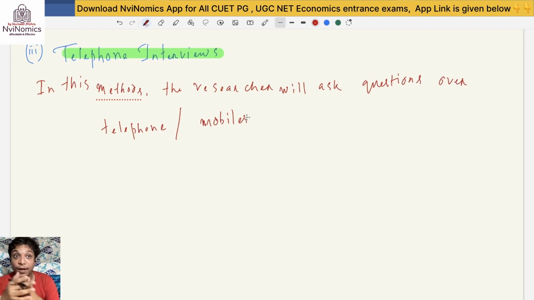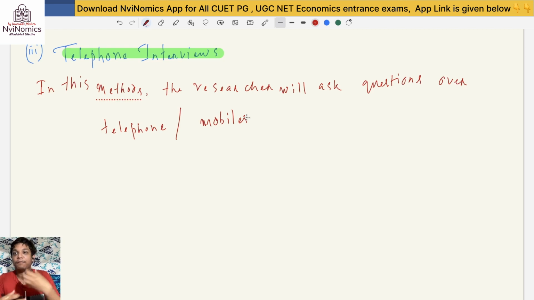And there will also be a problem of biasness. Suppose during a telephonic conversation I ask you what your family income is. Actually your family income is around 1 lakh annual income, let's say, but over the telephone you say, sir, I am a very poor individual, I earn around 2000 over the years, hypothetically.